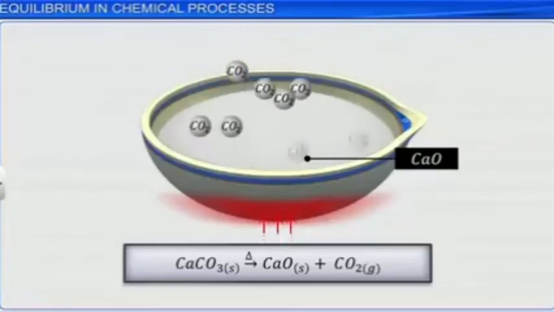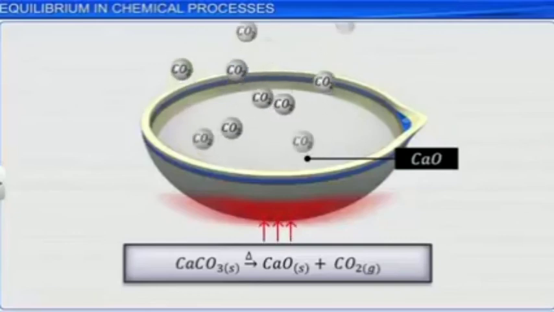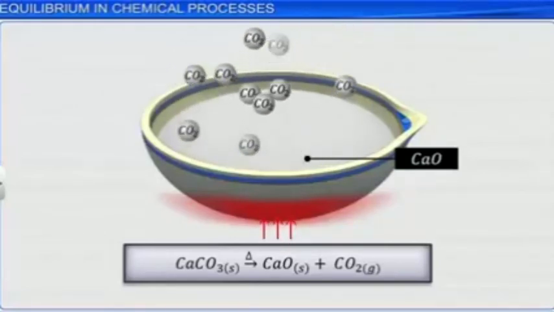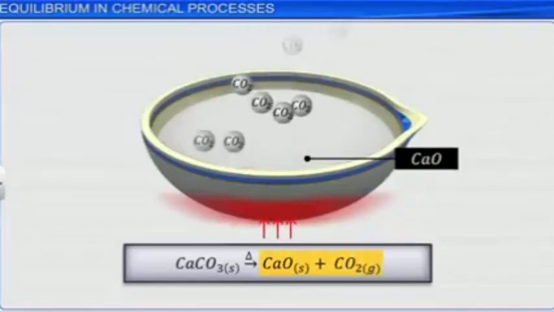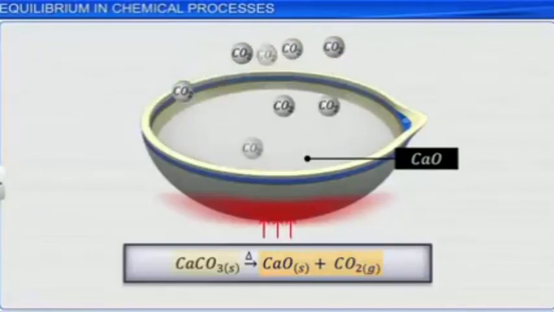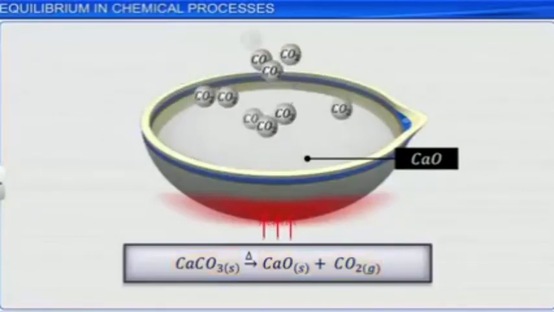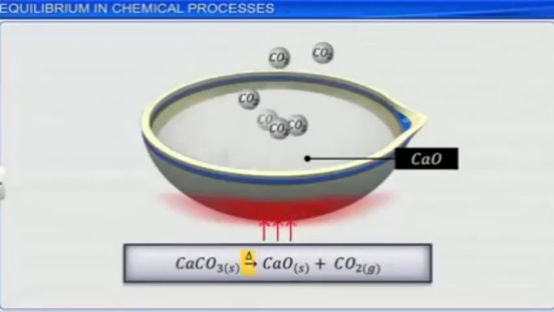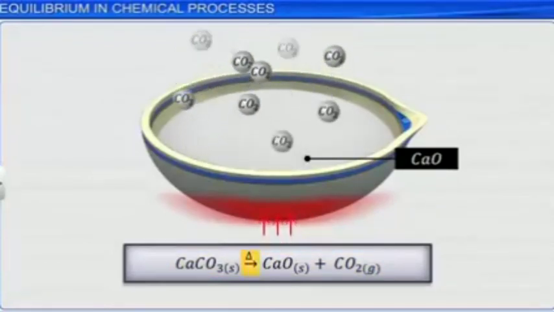Hence, there is no possibility for the products calcium oxide and carbon dioxide to react to give back the reactant calcium carbonate. Thus, the reaction proceeds in the forward direction only. The reactions whose products cannot be converted back into the reactants are known as irreversible reactions.